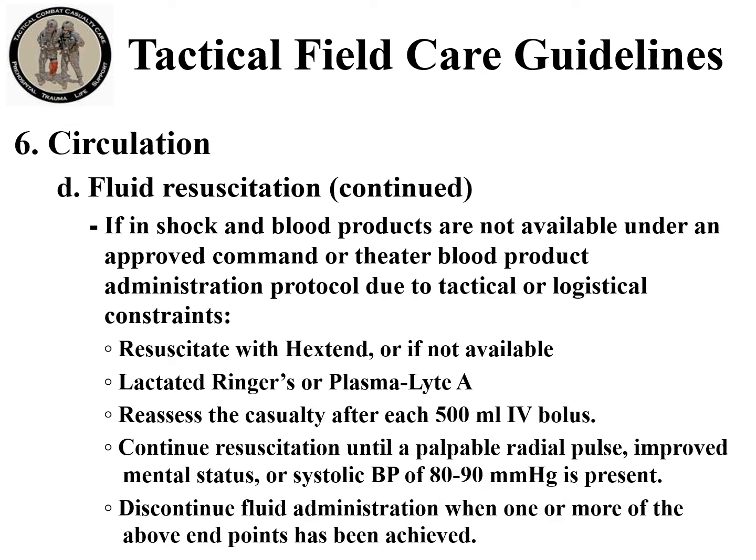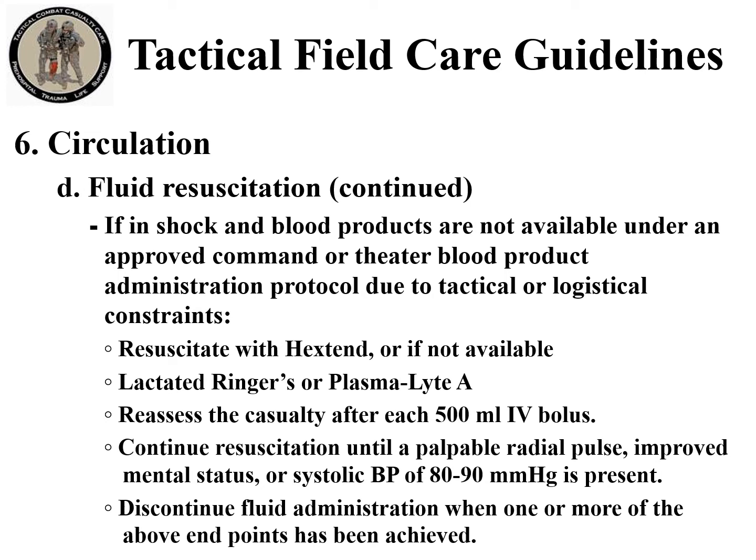If a casualty is in shock and blood products are not available under an approved command or theater blood products administration protocol due to tactical or logistical constraints, resuscitate with Hextend or, if not available, lactated Ringer's or Plasma-Lyte A. Reassess the casualty after each 500 milliliter IV bolus.